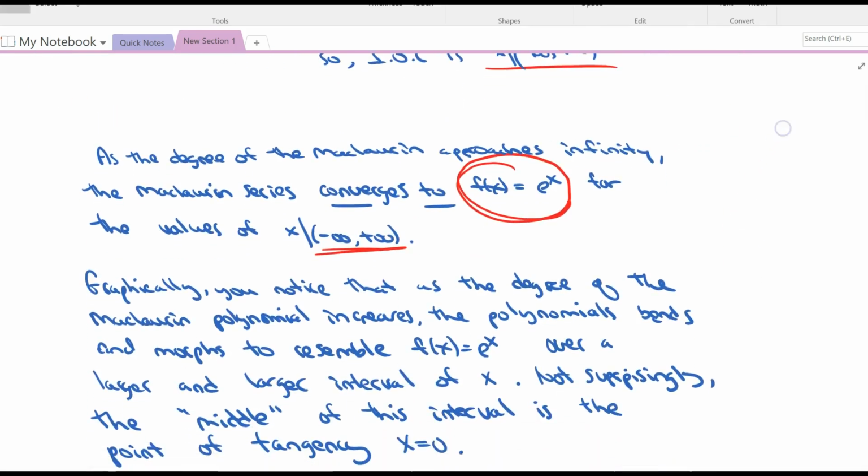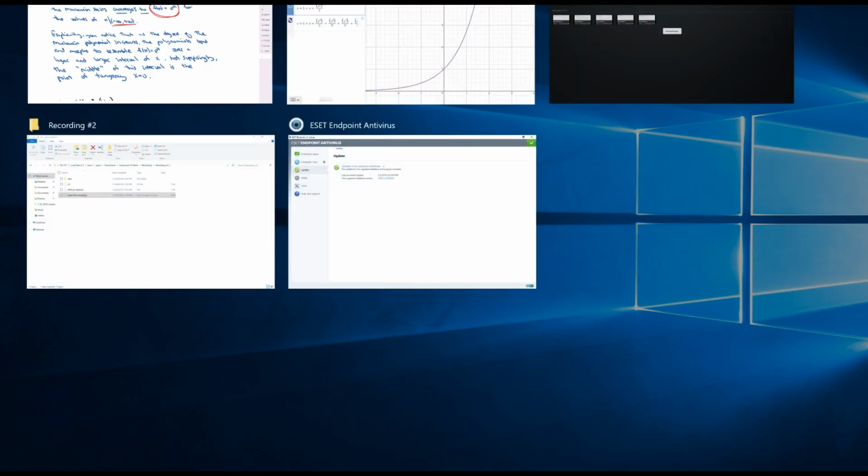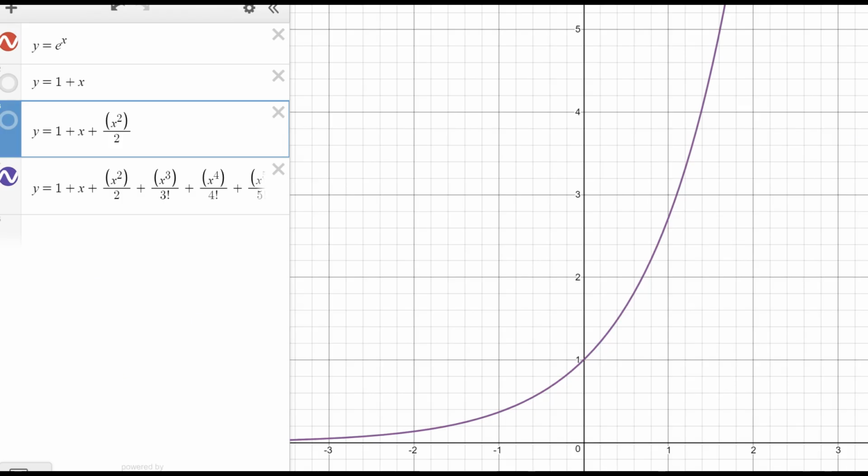What we're saying here is graphically, you notice that as the degree of the Maclaurin polynomial increases, the polynomials kind of start to bend and morph their way to resemble y equals e to the x over a larger and larger interval of x. Do you understand what that means? A larger and larger interval of x. Maybe I was being badly poetic, but what I'm saying here is just look at the approximations.